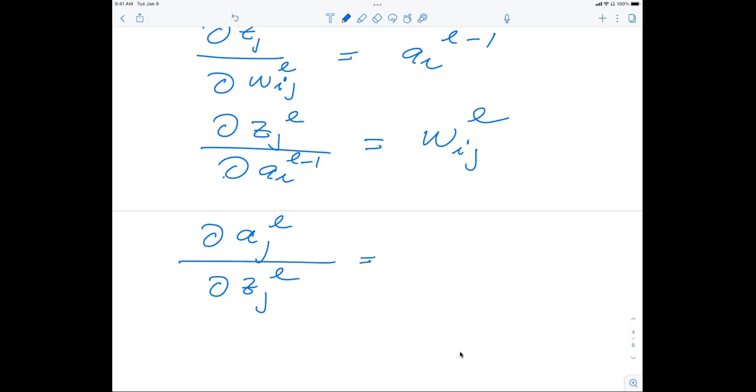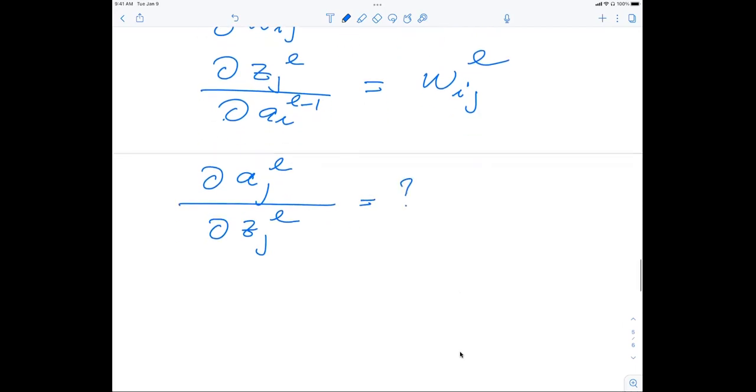Now, if we assume that this a_j^L is given by this function, the so-called activation function, which is a parameter in our neural network, we need to decide upon a function here in order to find the expression for the derivative. In this particular case, we could assume that this is the famous sigmoid function.